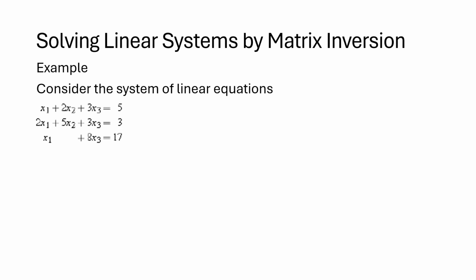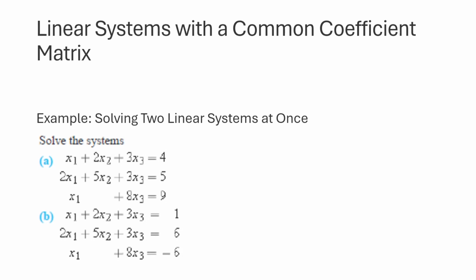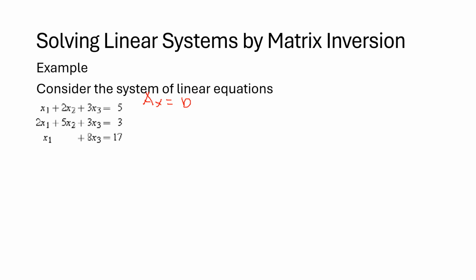In matrix form, this system can be written in the form Ax equals b, where our A is the matrix with rows 1, 2, 3; 2, 5, 3; and 1, 0, 8.